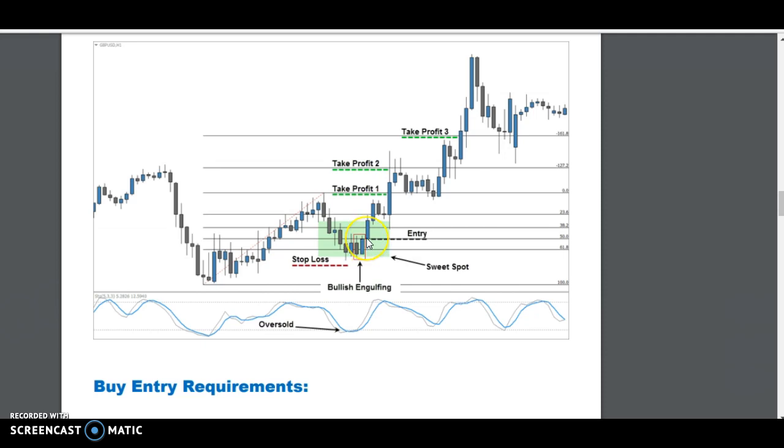So we put our entry at the close of this candle, and our stop loss should be 3 to 5 pips below our entry point.